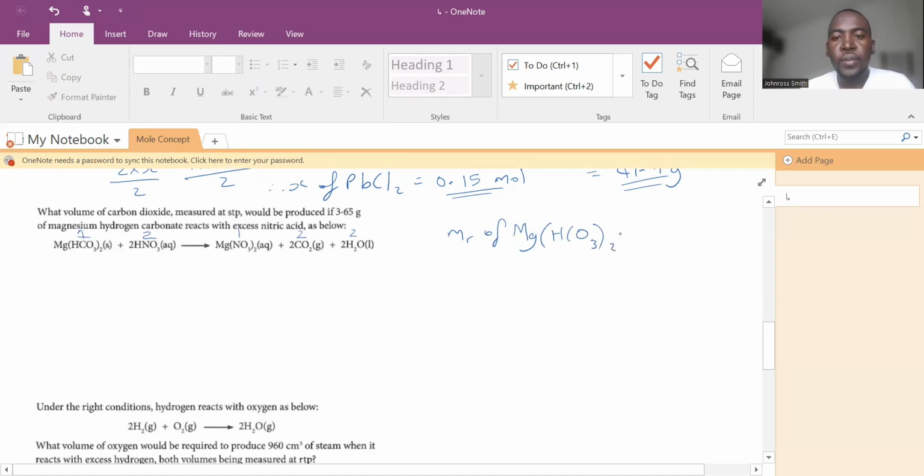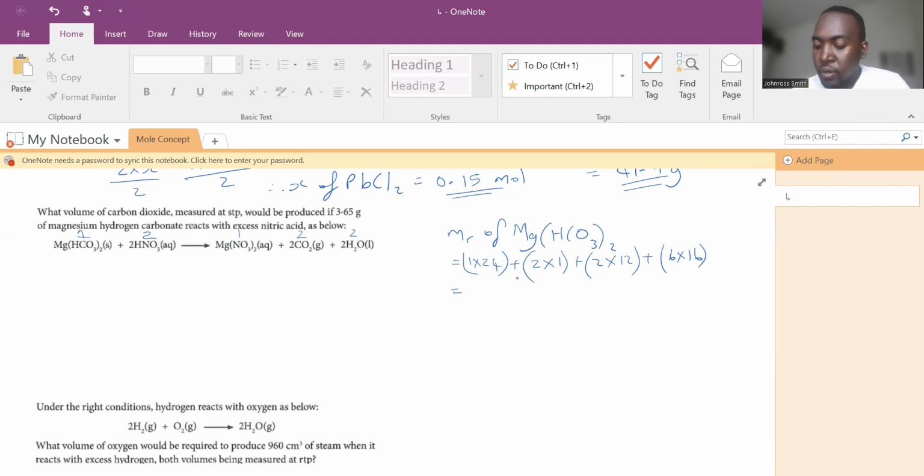Mg(HCO3)2. And that would be that it is 1 magnesium, which is 24, plus 2 hydrogen, which is 1, plus 2 carbon, which is 12, plus 2 times 3, that's 6 oxygen, which is 16. And therefore, that gives us 24 plus 2 plus 24 again, plus 6 times 16, which is 124 grams per mole.